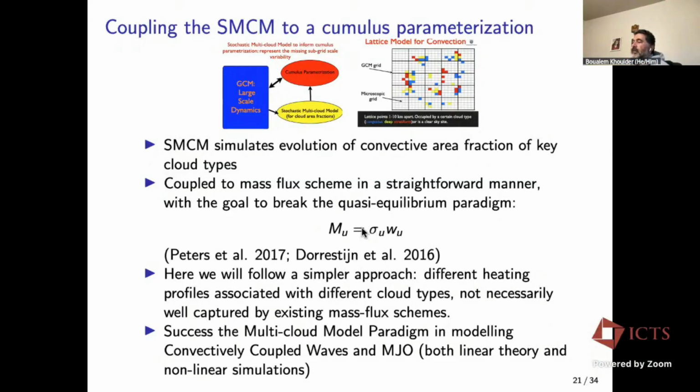They basically took this area fraction that we come up with and used it to set up a mass flux and a vertical velocity, and basically overcome the quasi-equilibrium this way. But there are many other ways to do it, as I will be showing in the next slides.